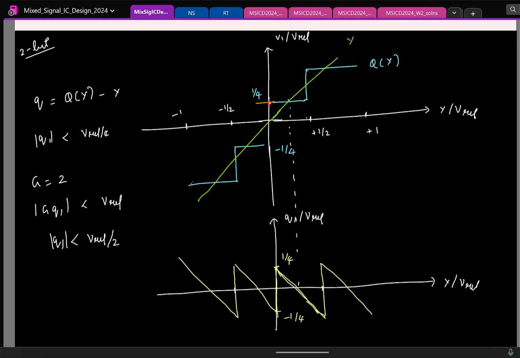Remember at this point the quantized output is still 1/4. What should this be so that the difference is 1/2? Minus 1/4, and you see minus 1/4 is here, right? So which means I can make an error till this point.